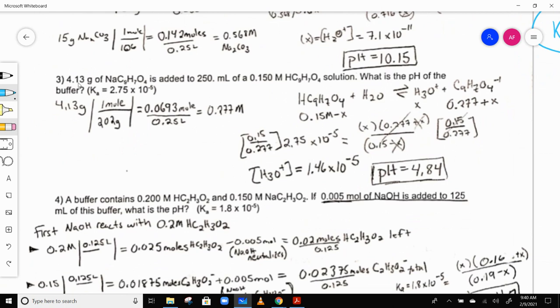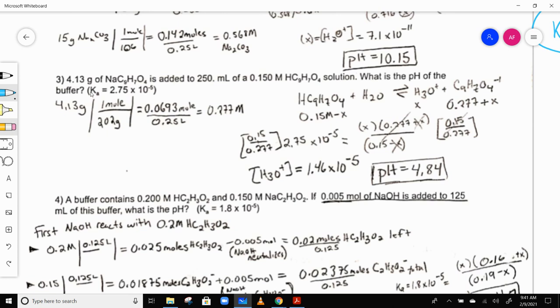Okay, here we have 4.13 grams of, I don't know what that is, sodium NaC9H7O4. Not sure what to call that. Anyone know the name of that? I don't know. And then it is added to 250 milliliters of the acid of that conjugate base.